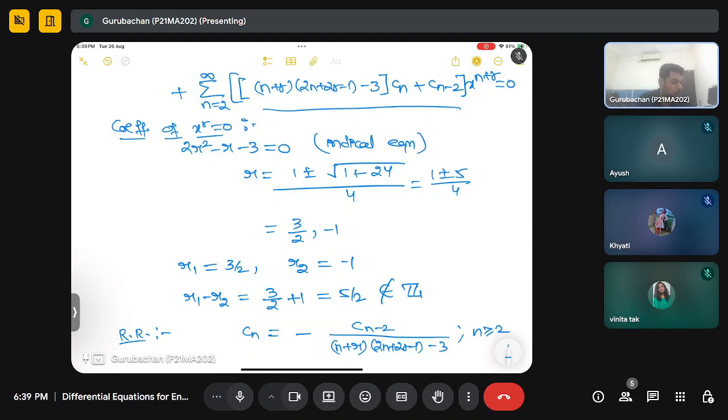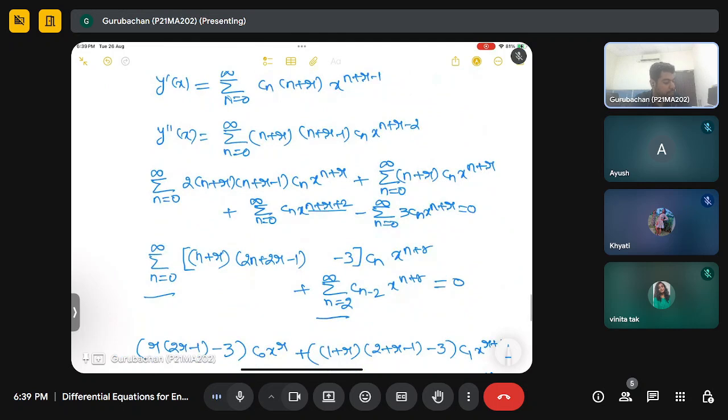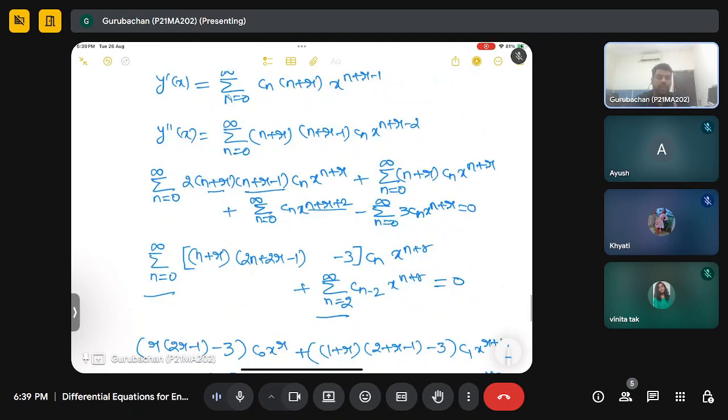Moreover, we may see it like this also. This is n plus r minus 1, so we may write it as 2 times (n plus r) whole square minus 2 times (n plus r), and this will be n plus r. So for simplification we may write like this also.